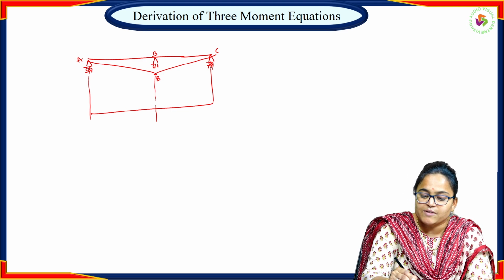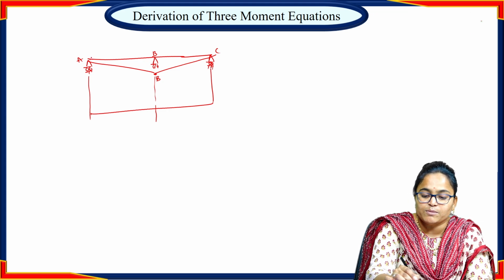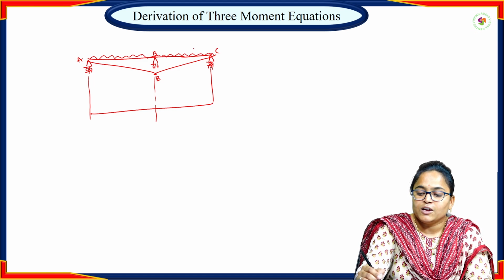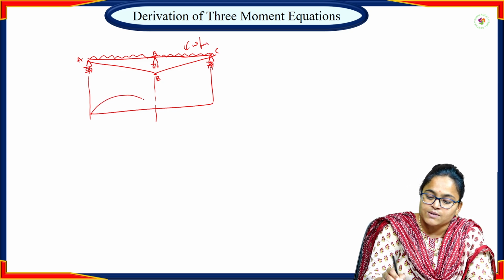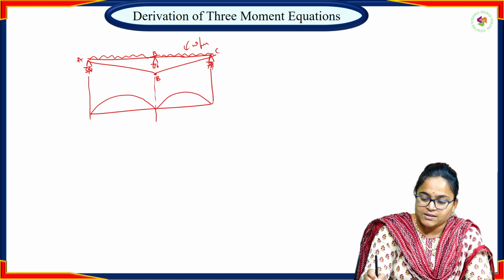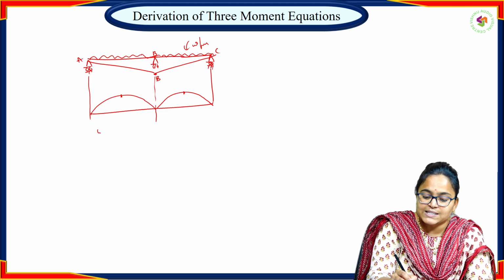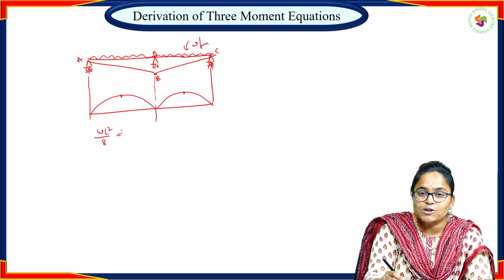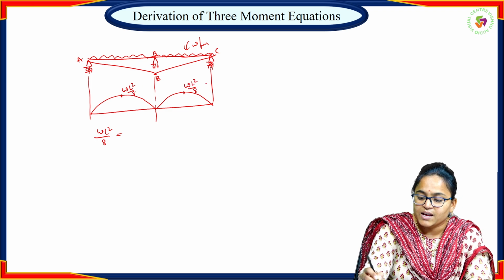For example, AB span is subjected to a UDL of W kilonewton per meter and BC span is also subjected to W kilonewton per meter intensity. For the UDL case, we'll get the BMD as a second degree parabola. Now we want the maximum ordinate. We know that for a simply supported beam subjected to UDL, the maximum bending moment is WL square by 8. This is WL square by 8, and this is also WL square by 8.